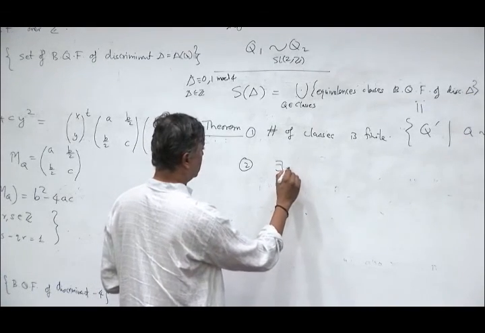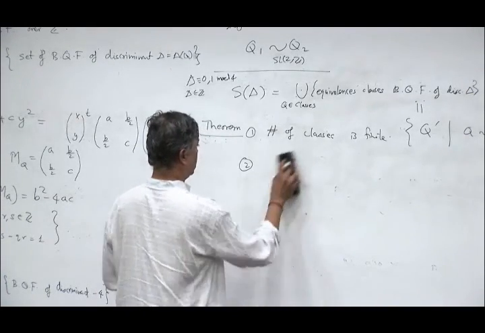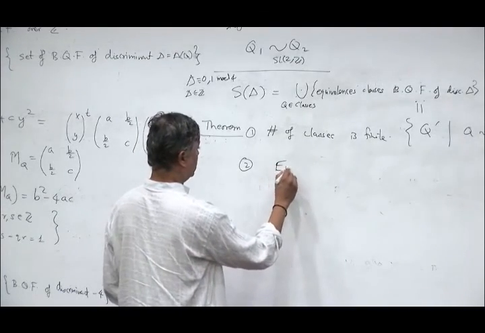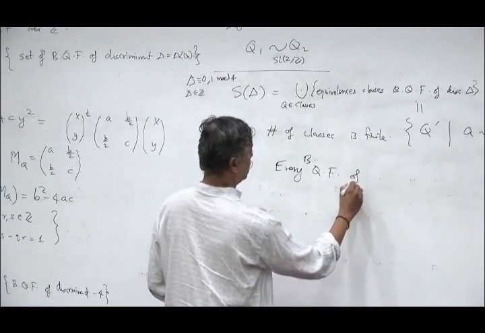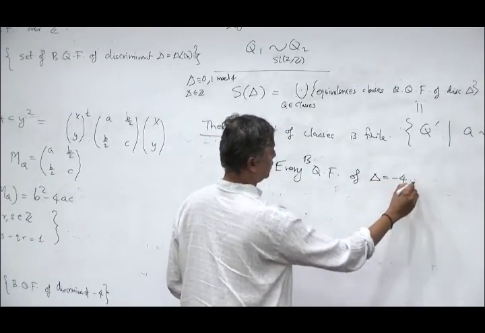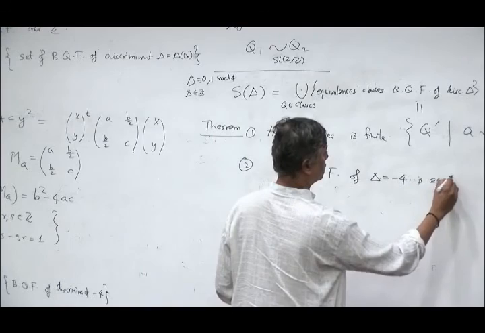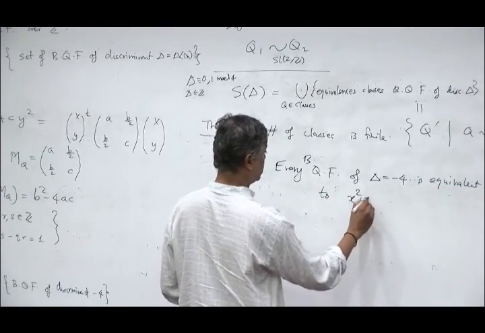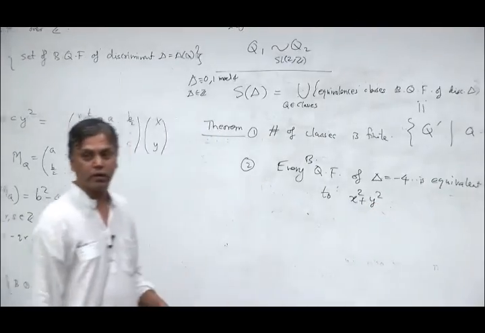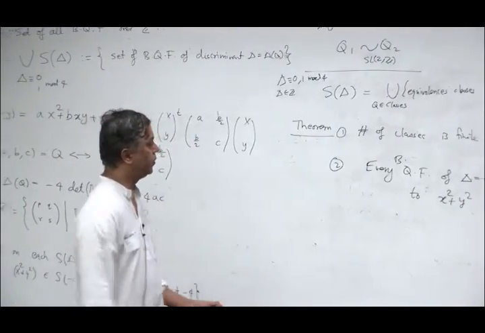Every binary quadratic form of discriminant minus 4 is equivalent to x square plus y square. Okay, so this is one very important consequence.